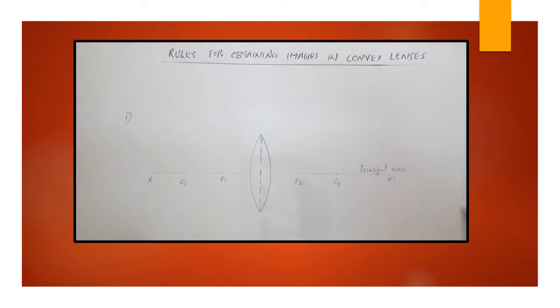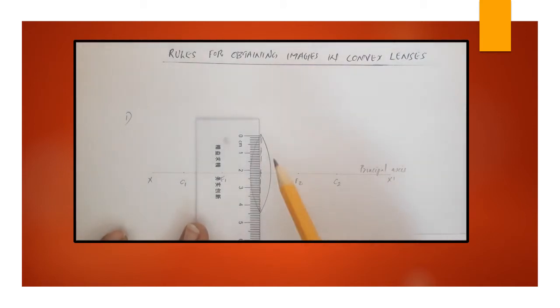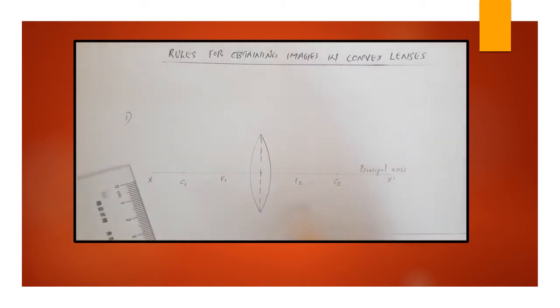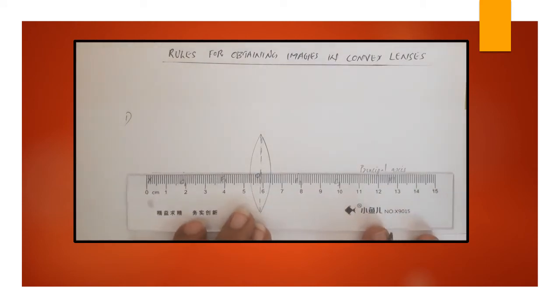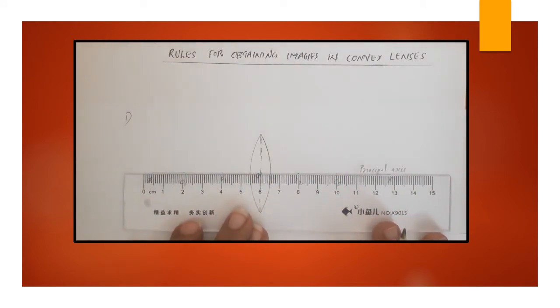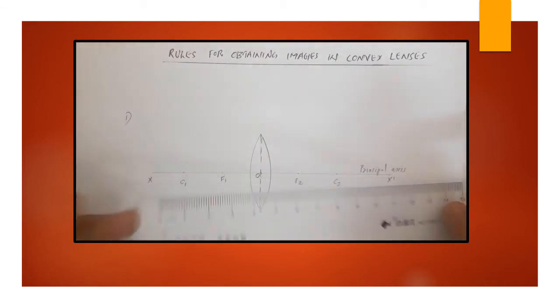Then measure the length of the optic axis that you have taken, and exactly at the midpoint you can note your optic center, that is O, and on either side of the optic center you have to show your foci F1 and F2 and centers of curvature. They should be equidistant to one another.